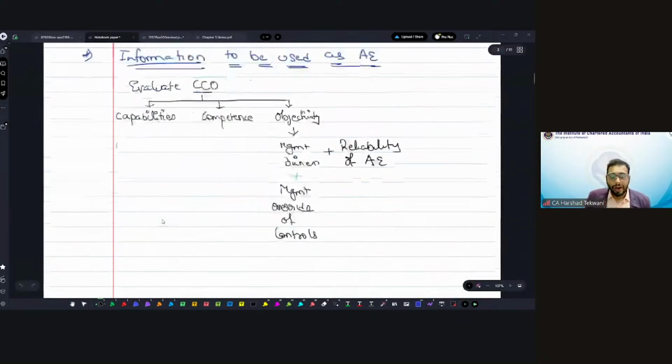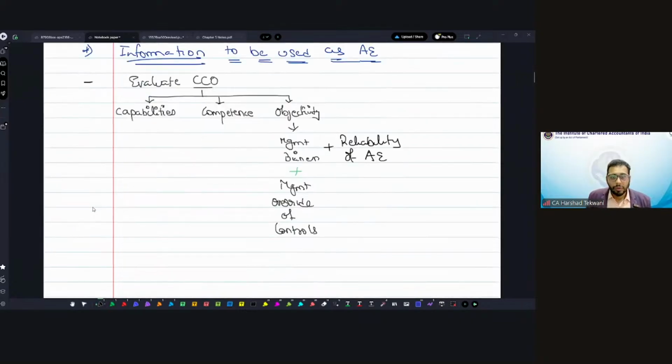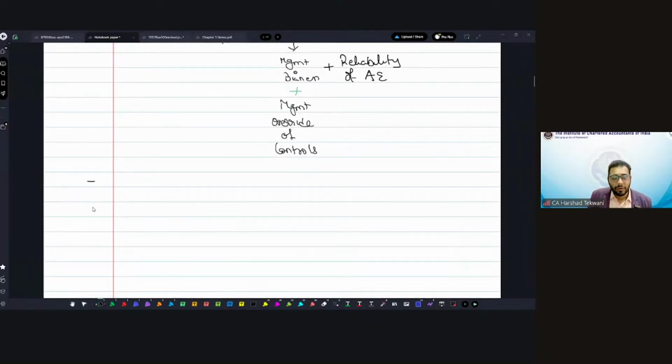So after evaluating CCO, the second step will be to understand the work of the expert, or whosoever has performed that particular work. In understanding the work, what will you do? How will you understand the work?